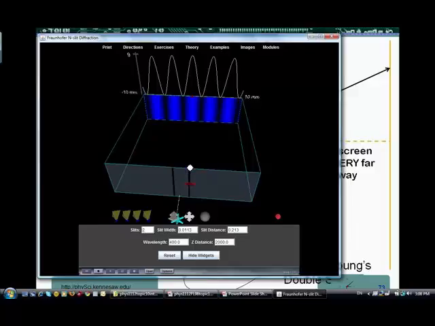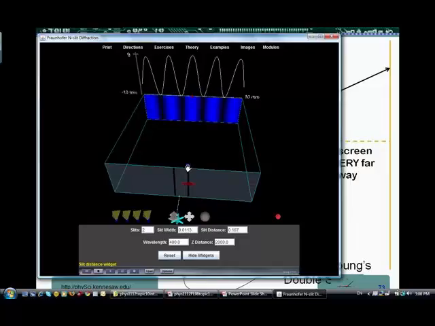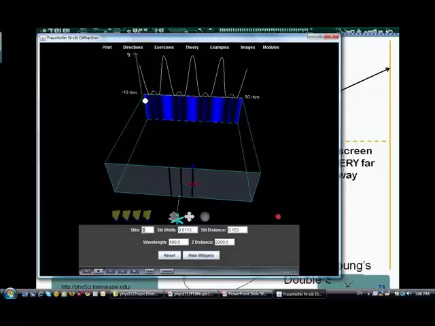I have 2 slits here. I'm going to put them probably at this separation, and then I'm going to increase this to 3 slits. You notice here my intensities. There it's a 9, this is a 1.